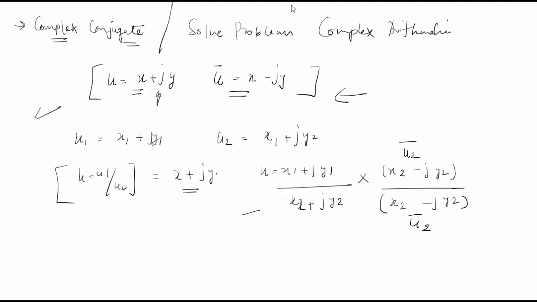So again, taking a problem, suppose you have a complex number given by u1 is equal to 2 plus j3. Now the conjugate of this, u1 conjugate, will be 2 minus j3. So the problem is to find u is equal to u1 into u1 conjugate.